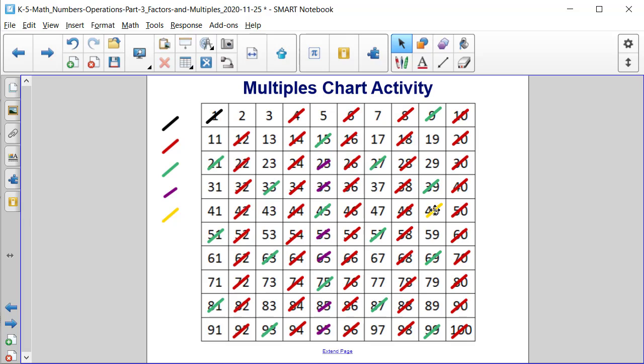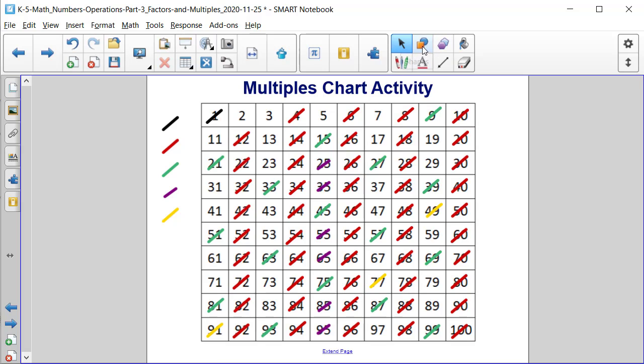And then we have 56, then 63, then 70, 77. We have to cross out 77. And then we go to 84, and then 91. And then 98, that's crossed out already. And those are all the multiples of 7 that are less than 100.